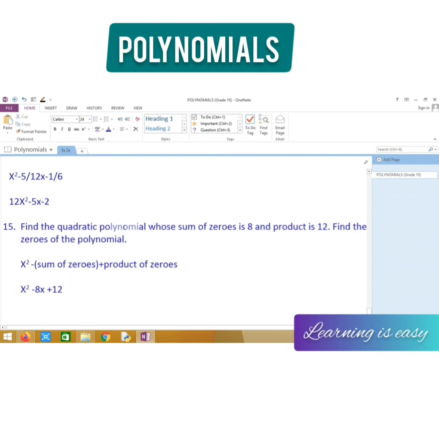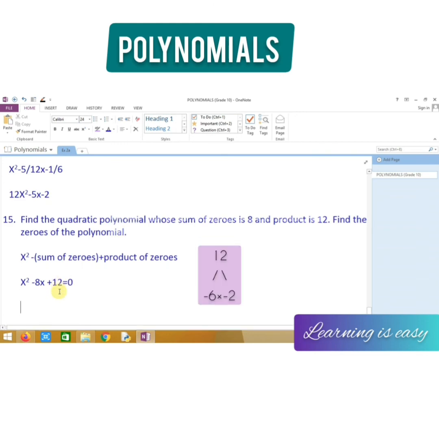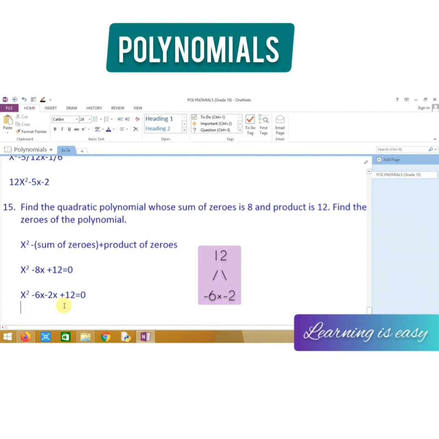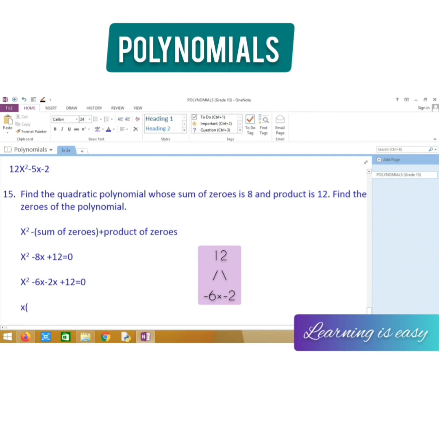So after constructing the quadratic polynomial, we need to find the zeros, the values of the polynomial. So 12 can be written as 6 twos are 12. x square minus 6x minus 2x plus 12, which can be rewritten as x into x minus 6 minus 2 into x minus 6.